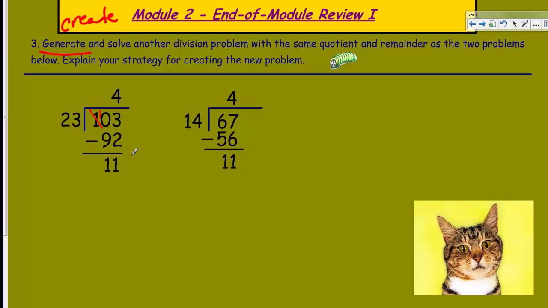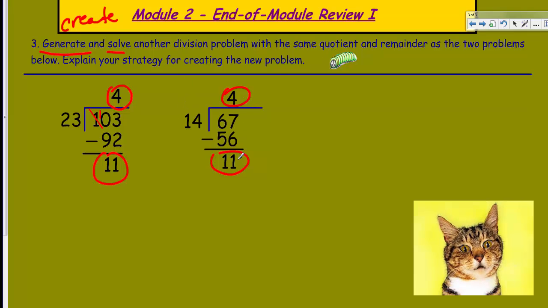Explain your strategy for creating the new problem. I'm looking at these and I'm seeing that the quotient's the same and the remainder's the same. That's what they were saying: I have to create another one, and I have to solve it.